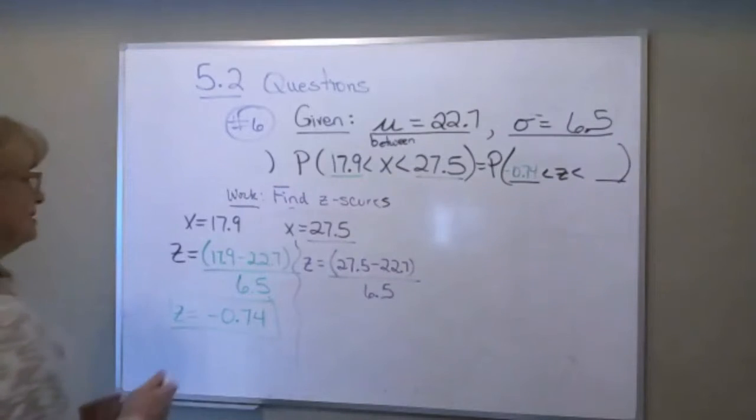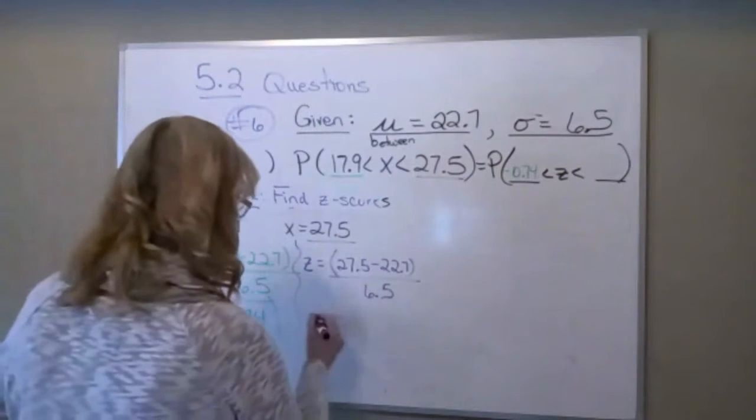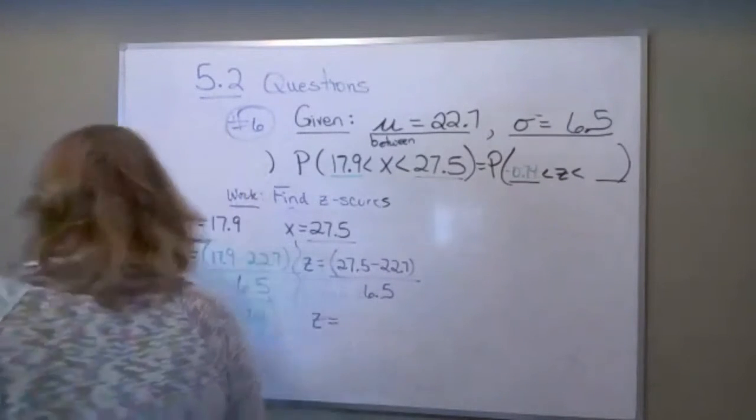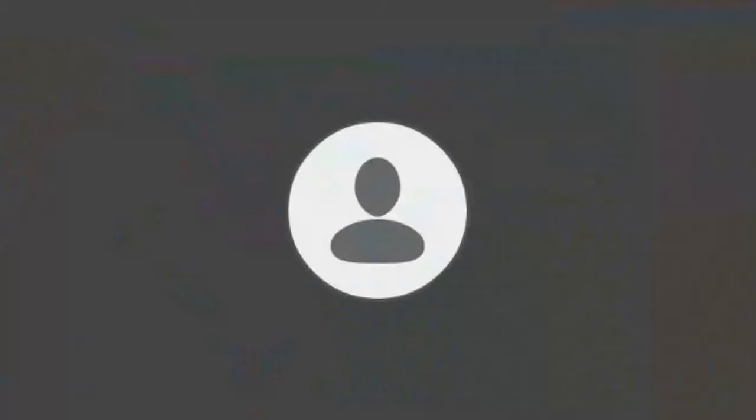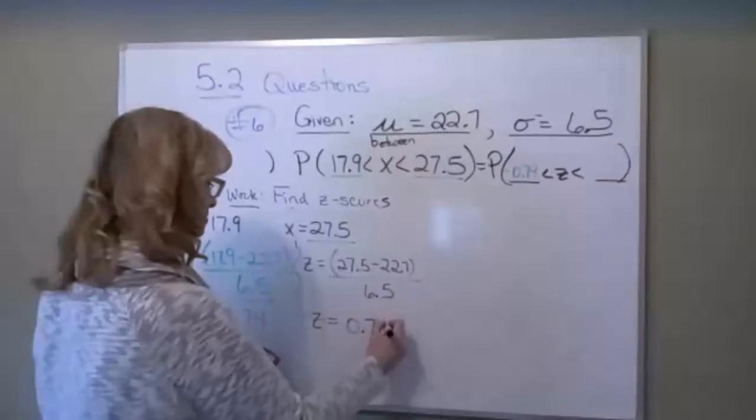And that gives me the z-score for this data value. Did you get that one? Mine came out at 0.74. Yes, that's correct.